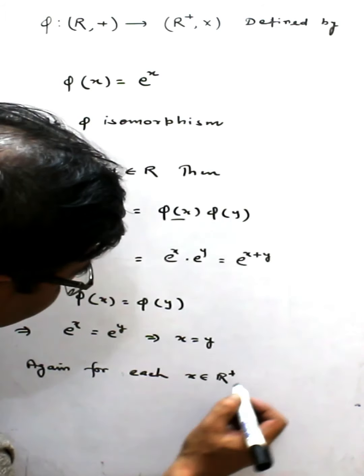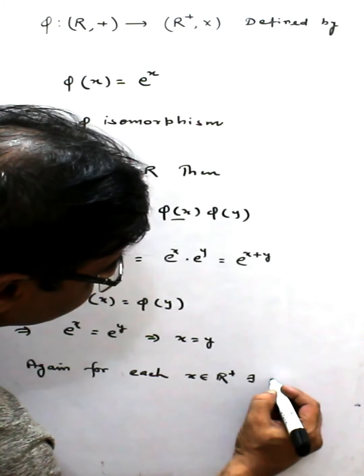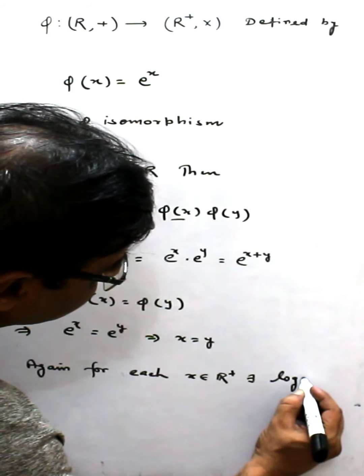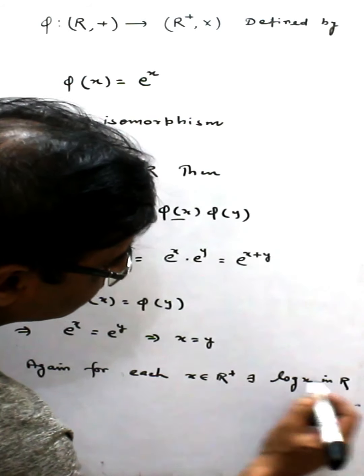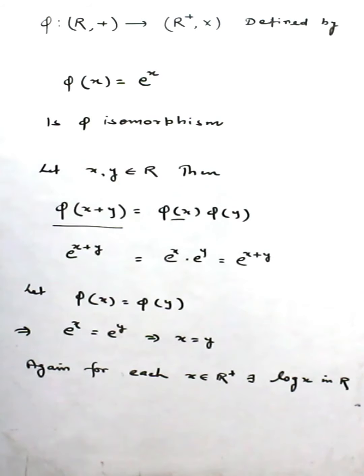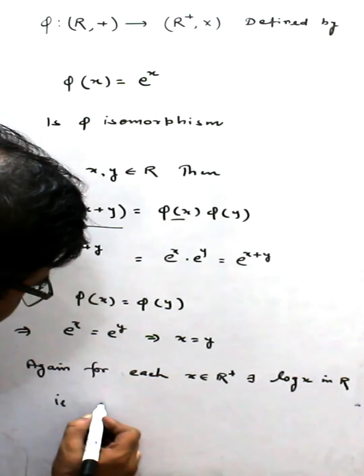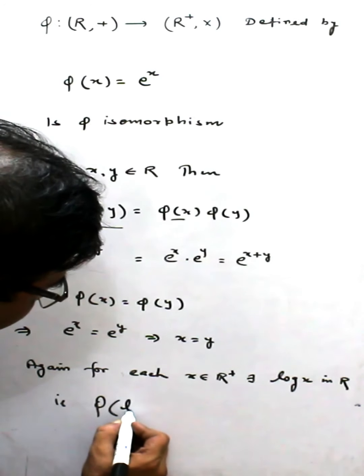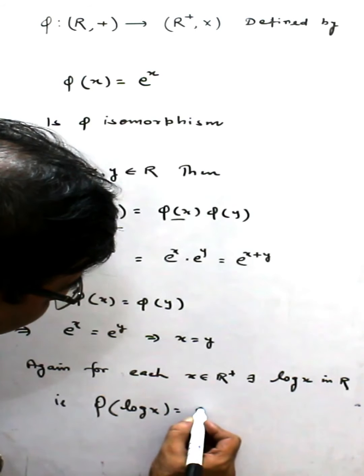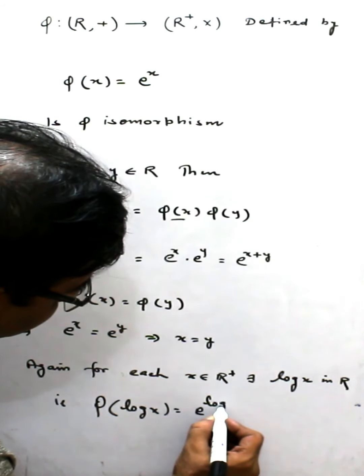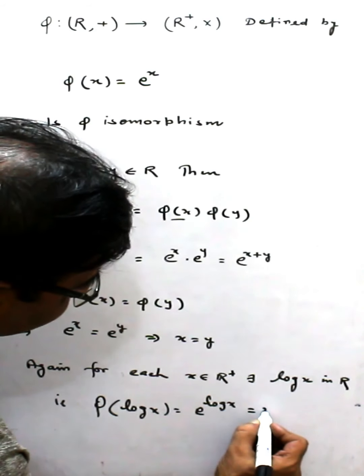That means there exists log x in R, that is phi(log x) is equal to e^(log x), that is x.